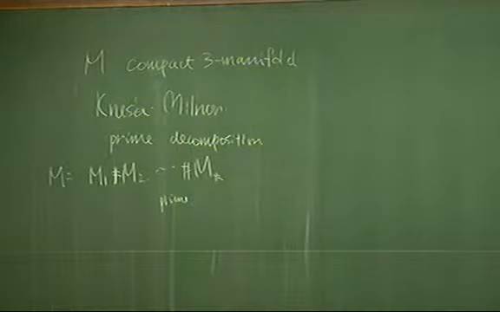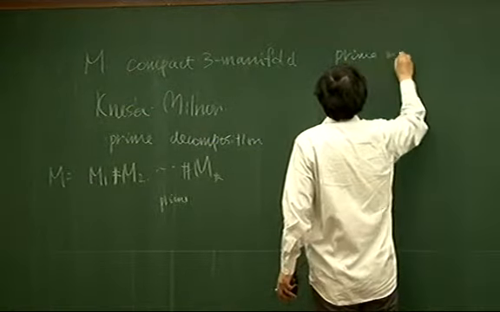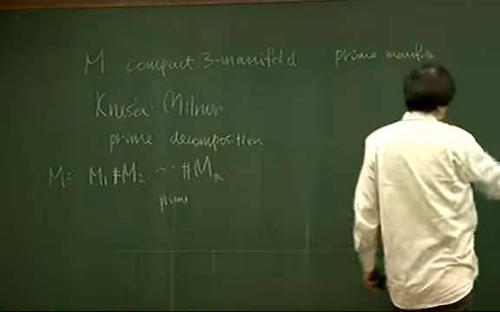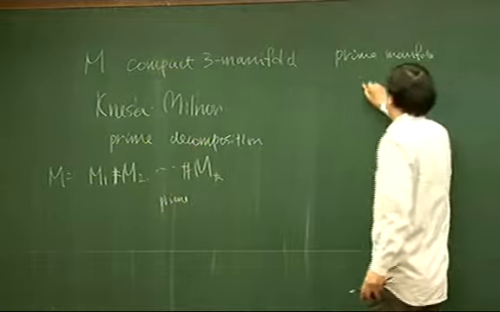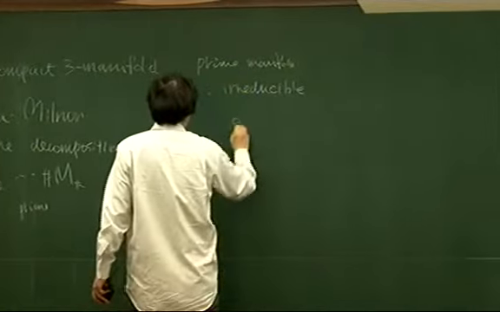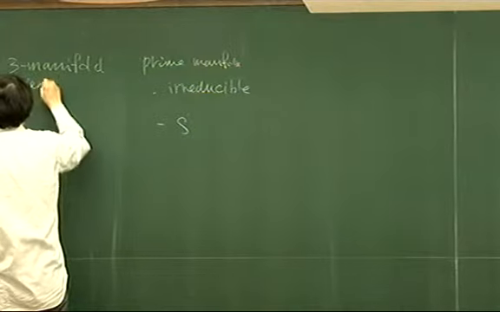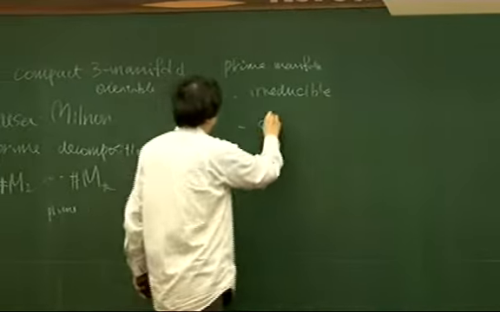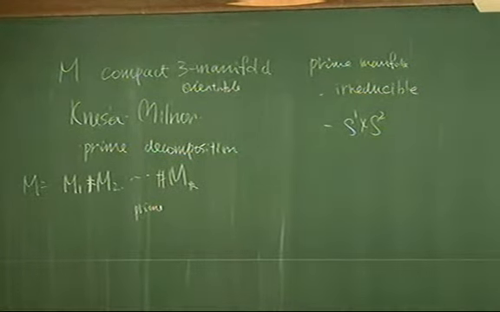And there are two kinds of prime manifolds actually. One is called irreducible manifold, and the other, well, we assume all manifolds are orientable here, is just the product of the circle and S2, circle and sphere.